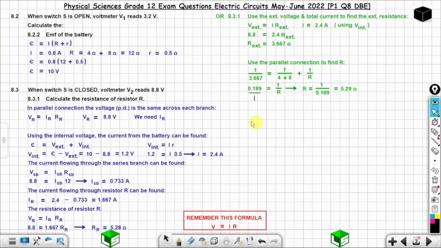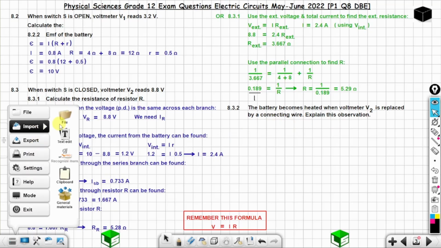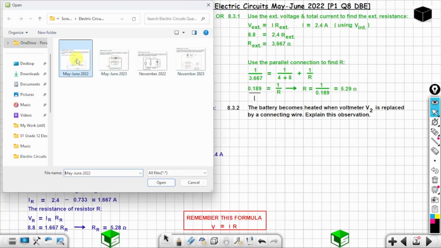Now let's move on. Question 8.3.2. The battery becomes heated when voltmeter V2 is replaced by a connecting wire. Explain this observation. Explain why the battery becomes heated. Let me show you. Let's get the question again.